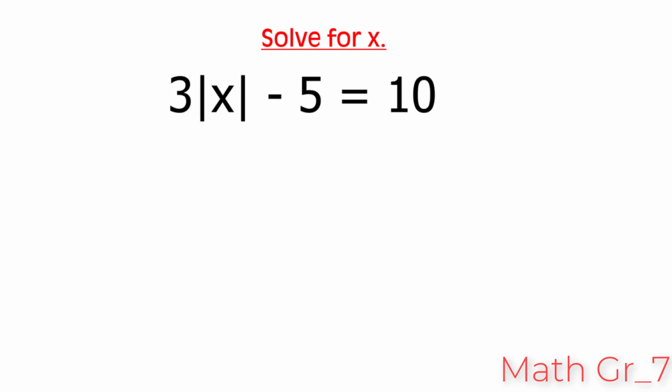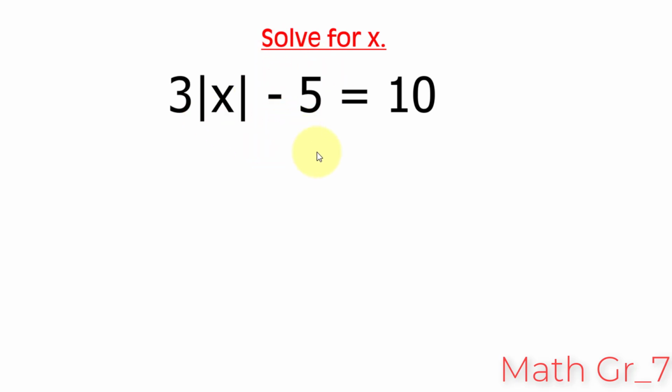First example, solve for x: 3 absolute value of x minus 5 equals 10. What's the main idea, guys? We need to isolate absolute value of x before we solve for x. How can we solve for absolute value of x? We have minus 5.